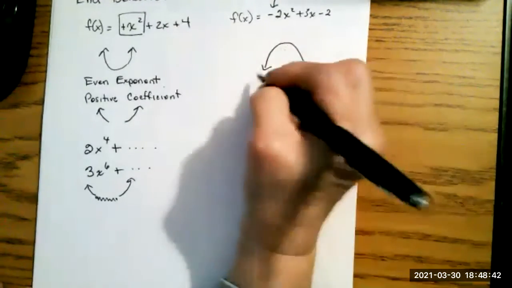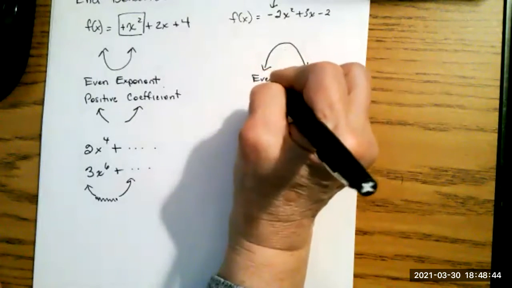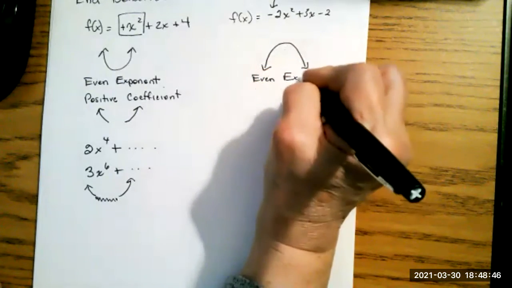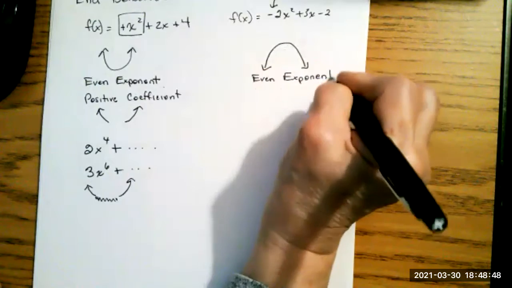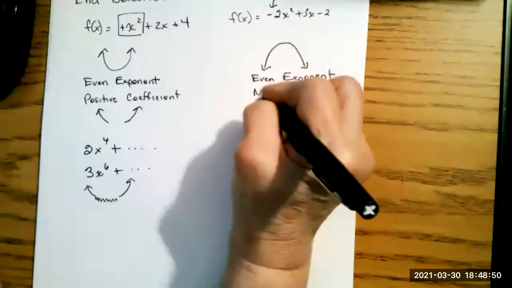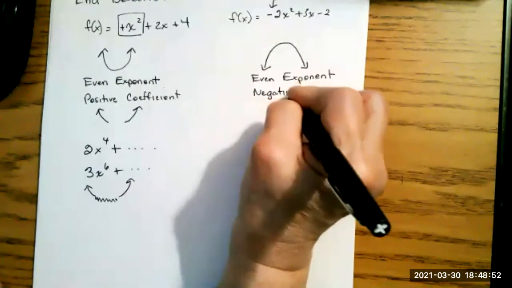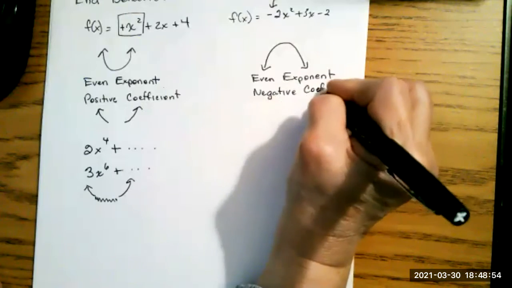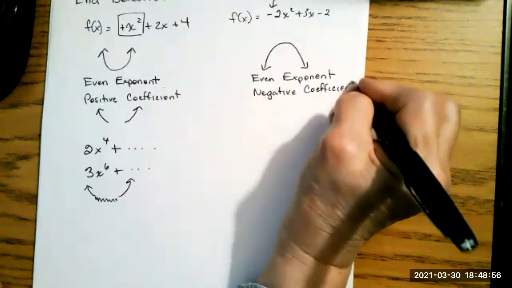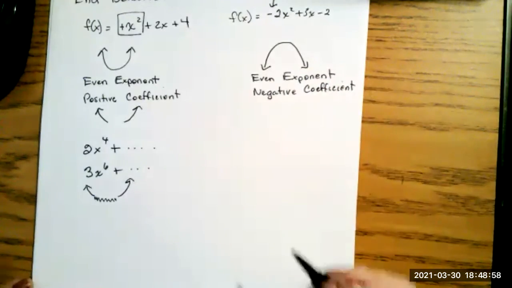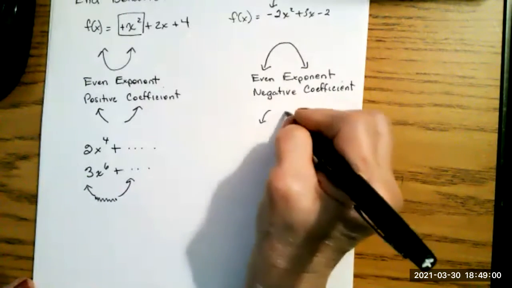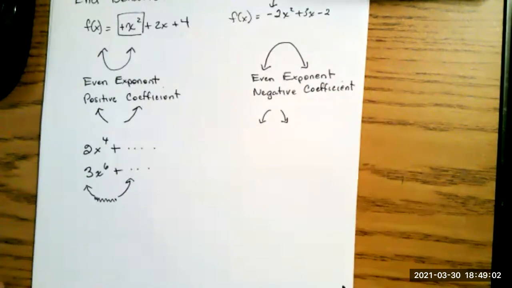So if you have an even exponent and you have a negative coefficient, then it's going to frown. The end behavior will be going down.